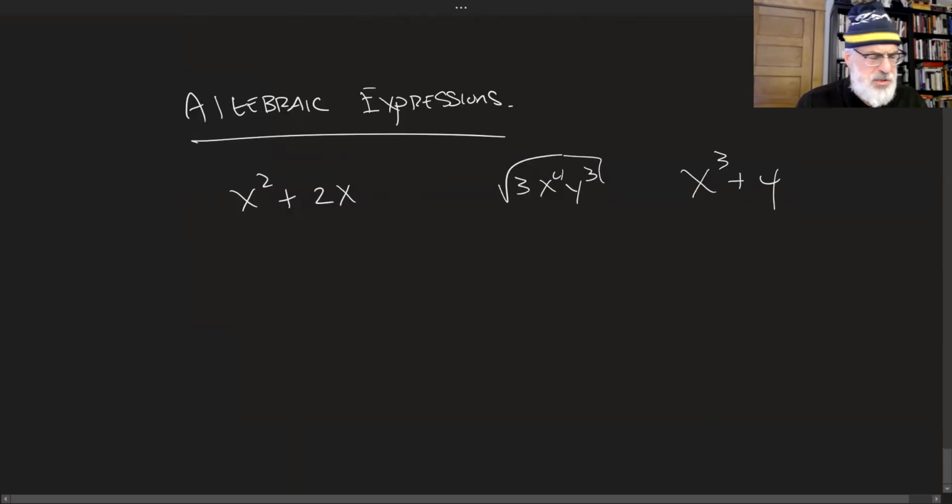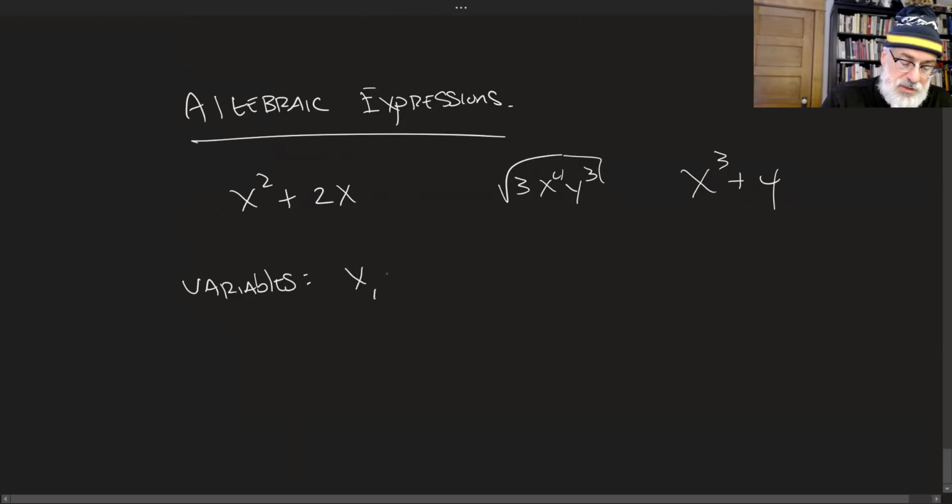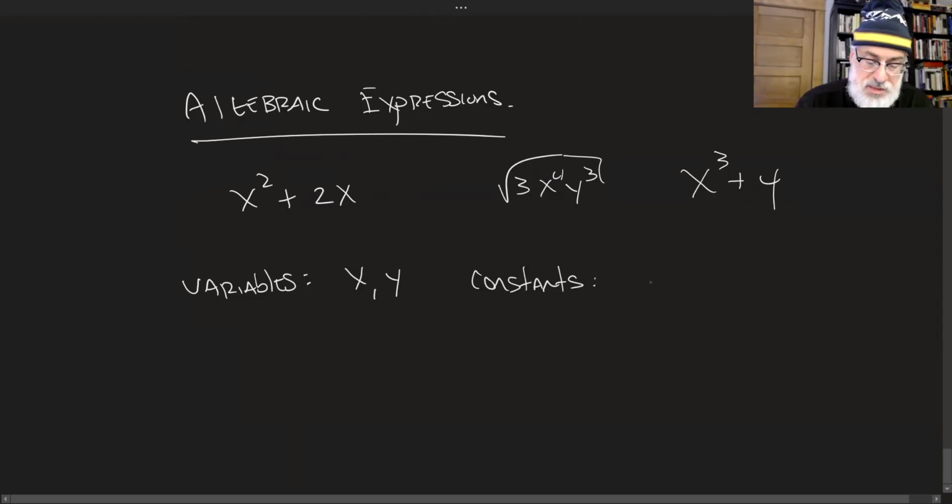The couple things we need: we have x's and y's in here, so we call these variables. X and y are variables. And the constants here, it might not seem obvious, but 1 is a constant, and 2, 3, and 4 are constants in these three expressions.